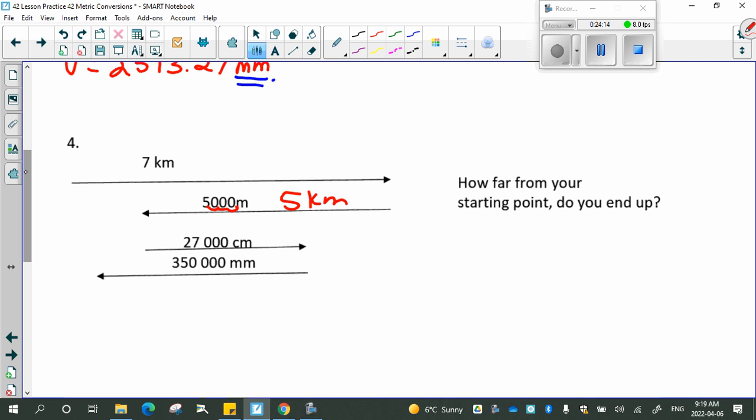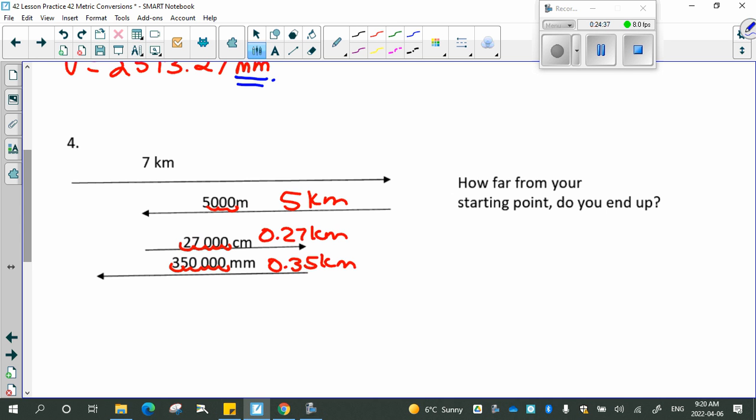So 5 apart? Yeah. So 1, 2, 3, 4, 5. So this is 0.27 kilometers. And then 350,000 millimeters. They're 6 apart. 0.35 kilometers.